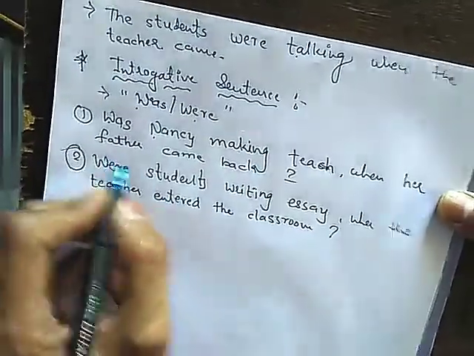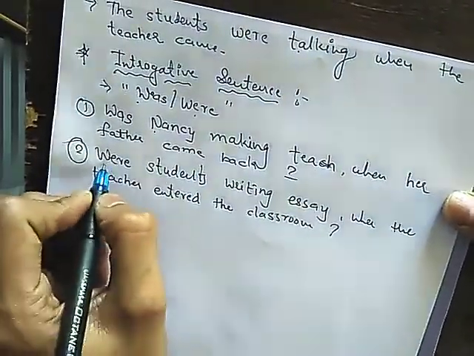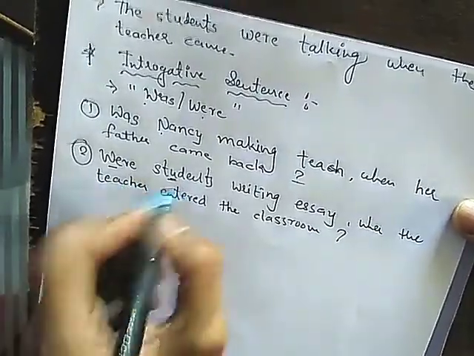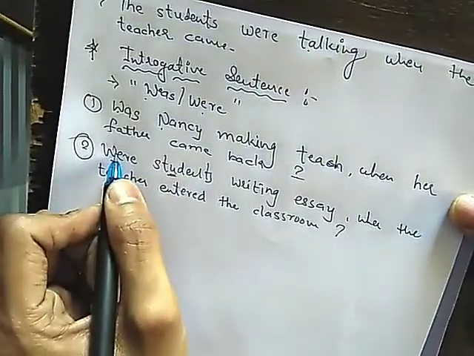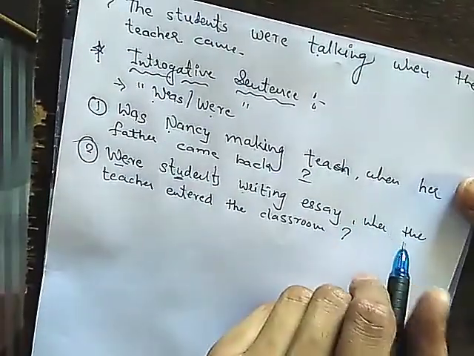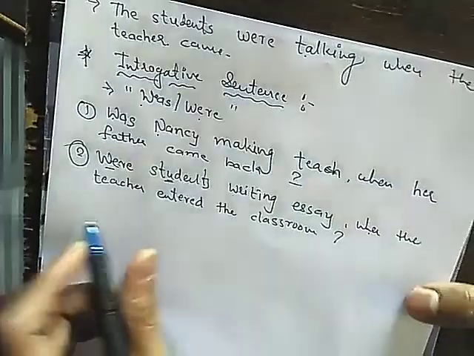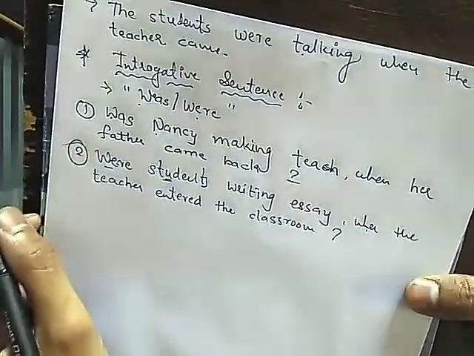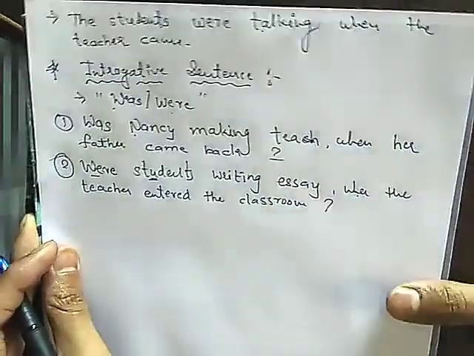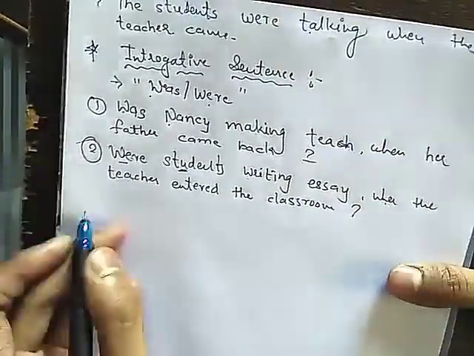Question mark. Now here I have used were. Why? Because our subject is in plural form. That's why we have to use were here. Were students writing an essay when the teacher entered the classroom? So this is how, by using was or were, you can make interrogative sentences.